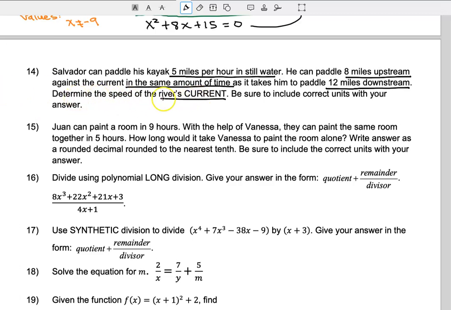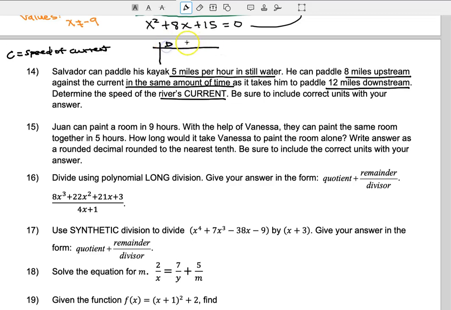Okay, so if we're trying to find the speed of the river's current, then I'm going to define some variables, and I'm going to say C is going to equal the speed of the current. Okay. And then let's get this set up, and it might be easier to see what else we might need on here.